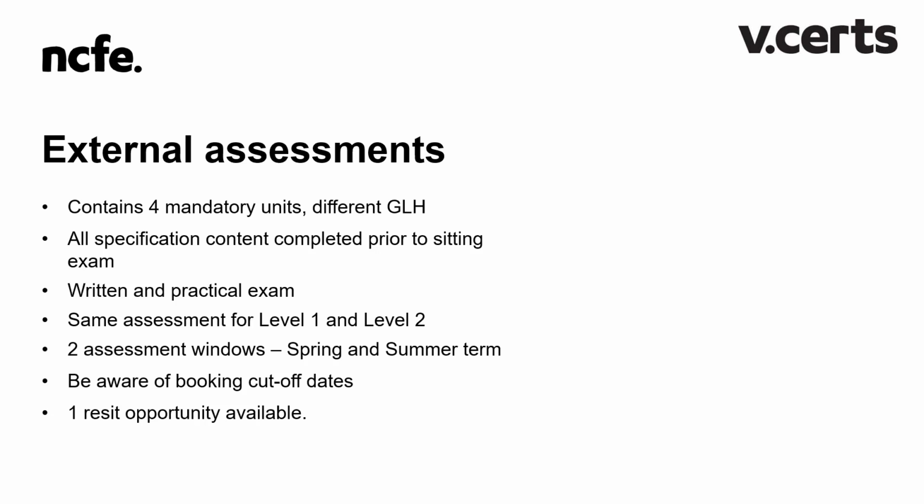There are 2 points in the year when learners can sit their exams. These are usually near the start of the new year from mid-January to mid-March and then in May-June time. There is one resit opportunity available, so it is best practice to plan this into your delivery.